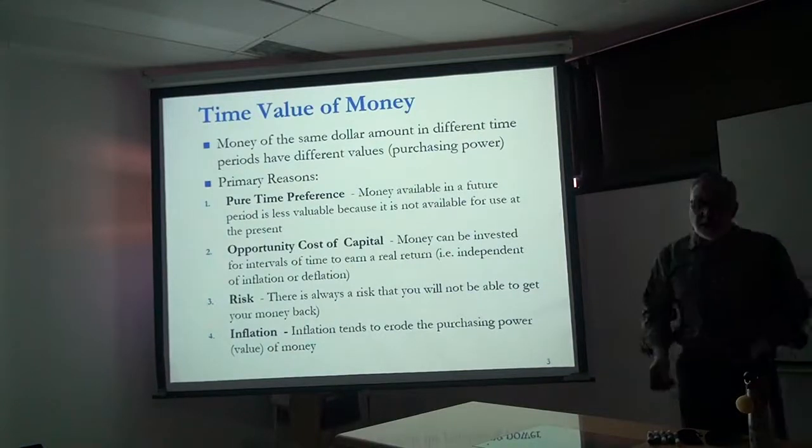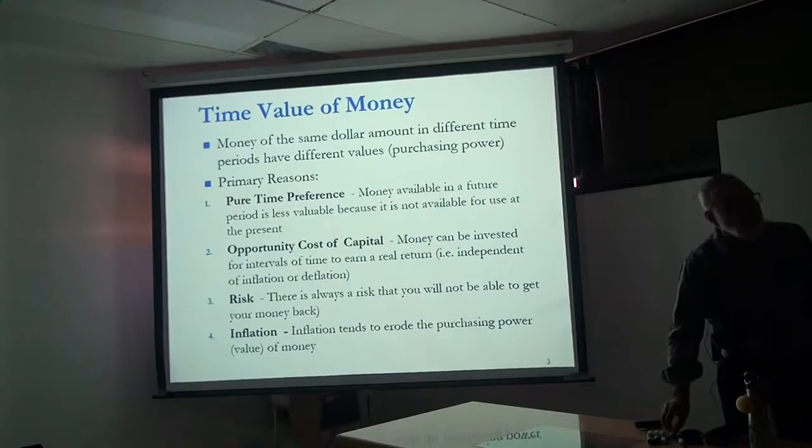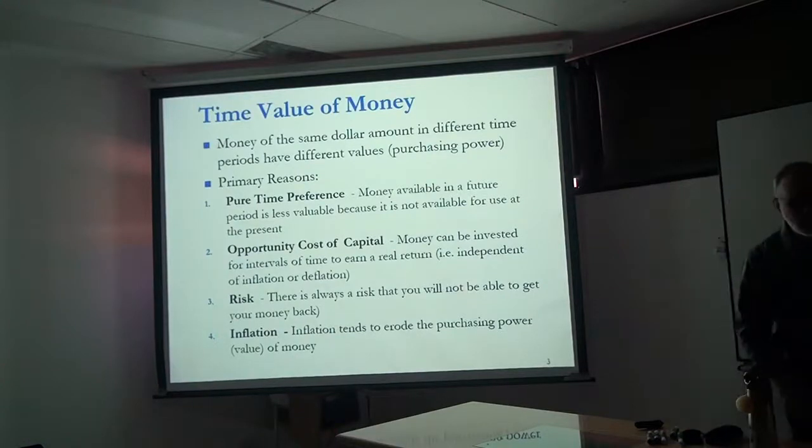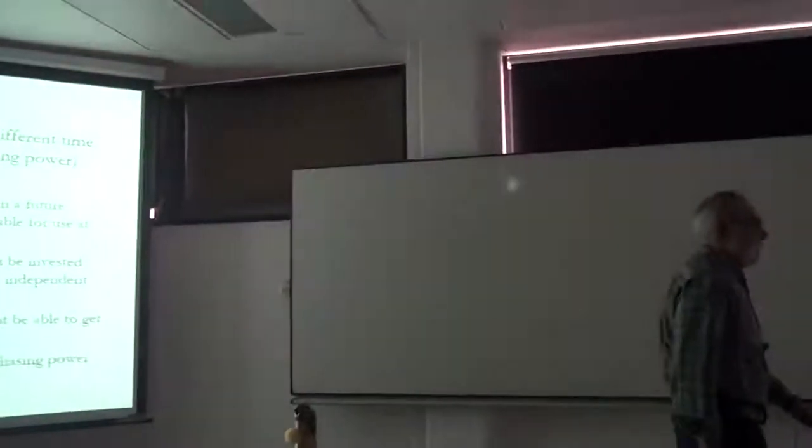Now, if we understand that there is a time value of money, then when we are comparing projects, we might have several projects in which the benefits and costs are occurring at different times, and we have to somehow compare them.